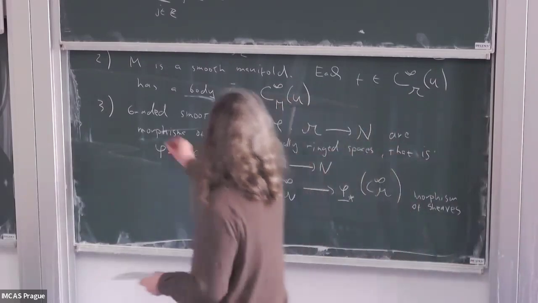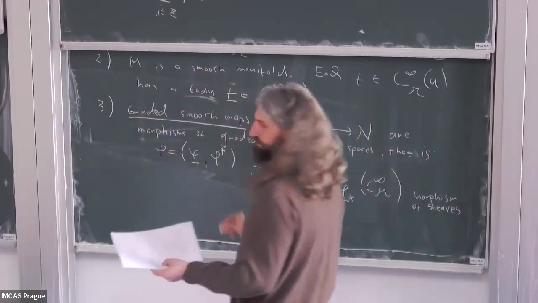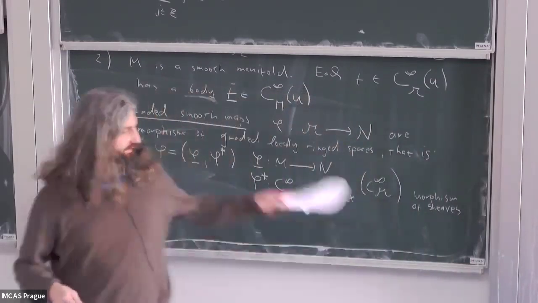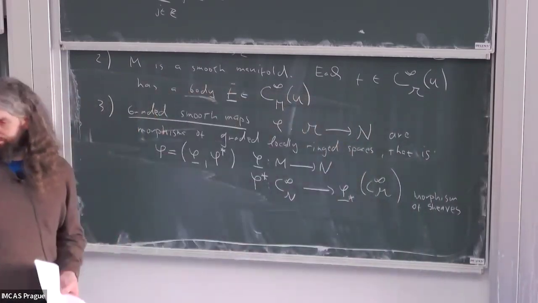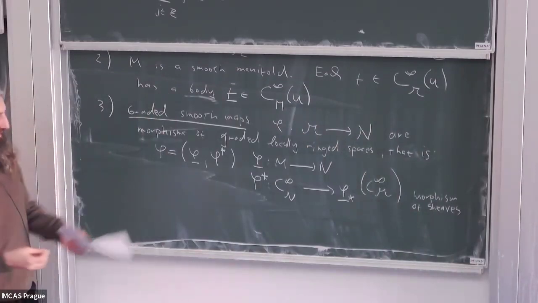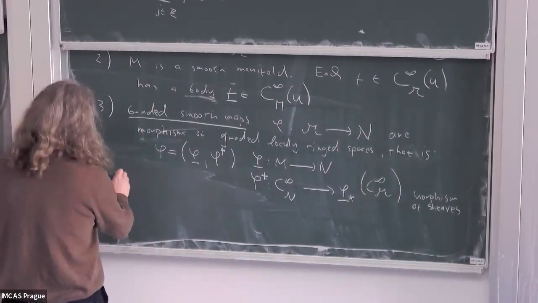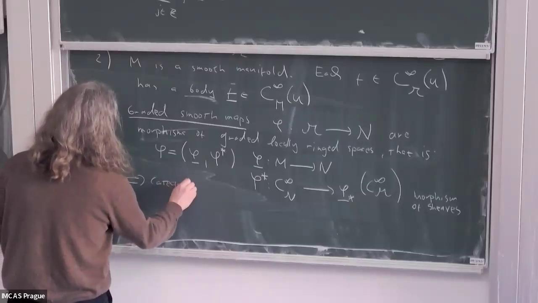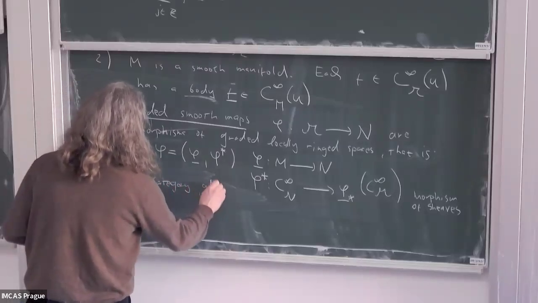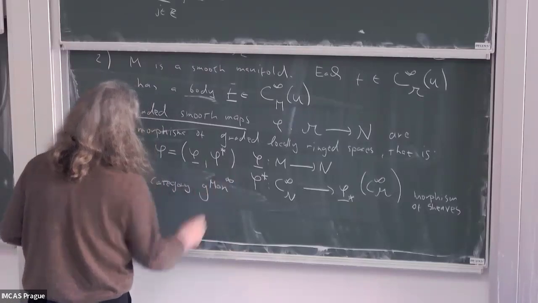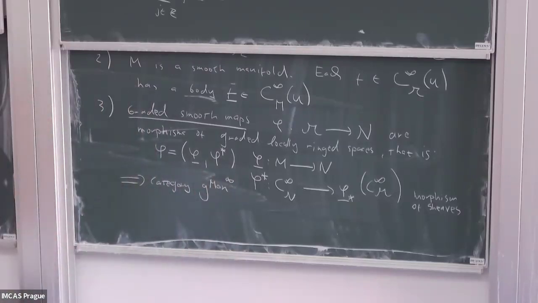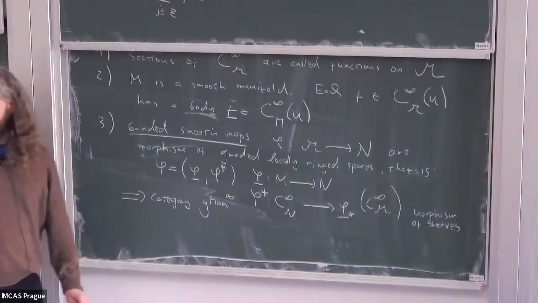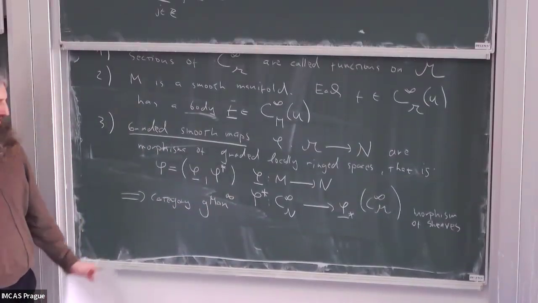Okay? And then it's not difficult to prove that this makes graded manifolds into a category. So you have morphisms, you have objects. So you have the category, which I denote as G-Man infinity. Of course, ordinary manifolds fall within this category.